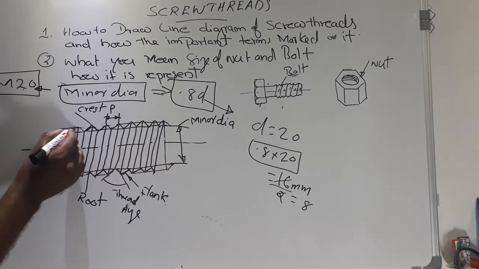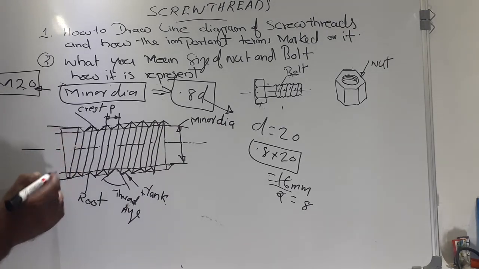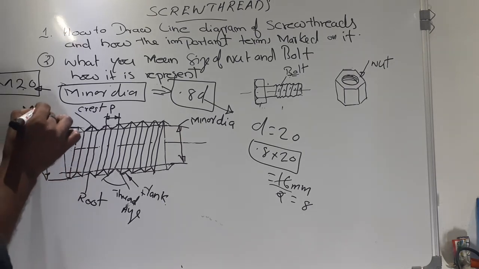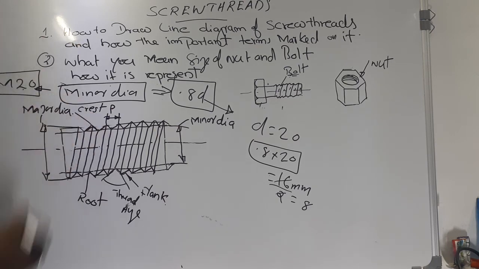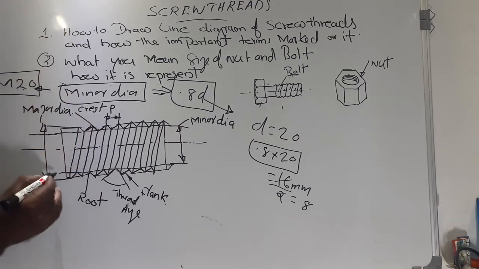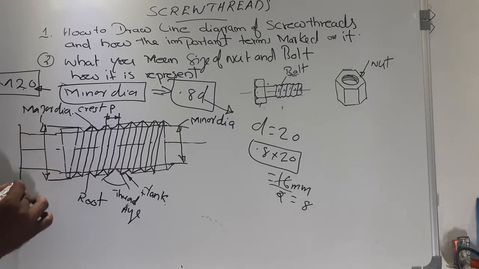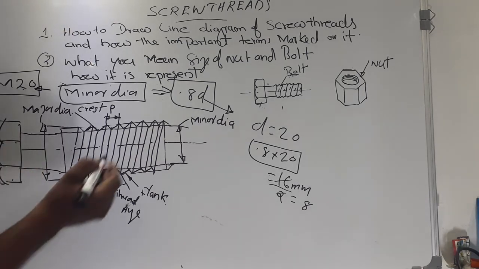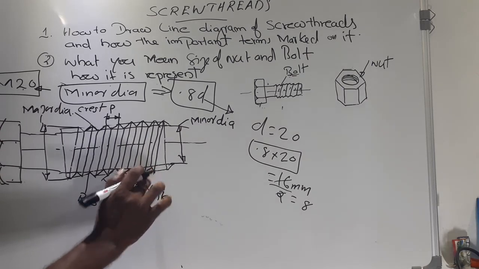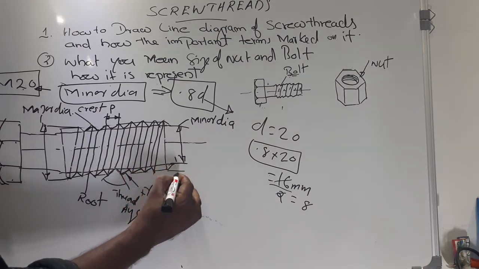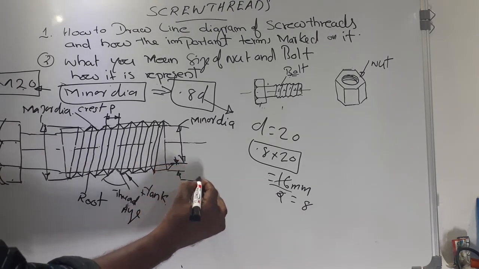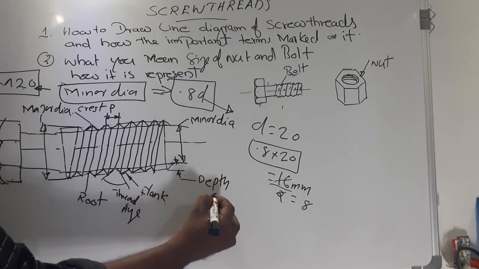Similarly, the highest diameter of the thread is called major dia. This is the head of the bolt, and the perpendicular distance between the major and minor diameter is called depth of thread.